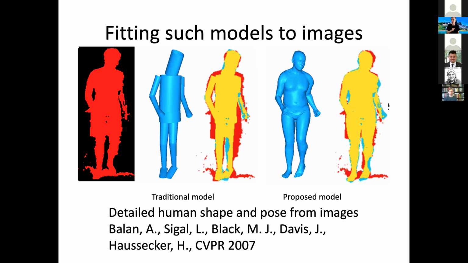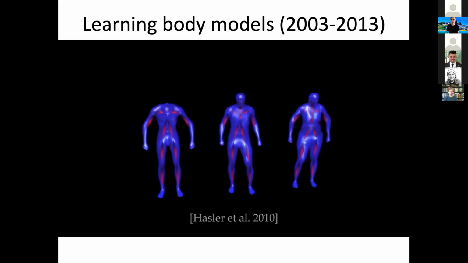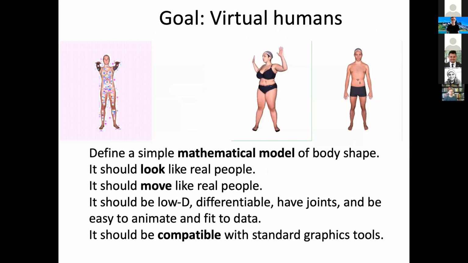Now the data might be 3D scans, it might be RGBD, it might be images, it might be joint locations, it might be 3D mocap markers. But basically, what I mean by fit to data is it should be differentiable and low dimensional to make it easy.